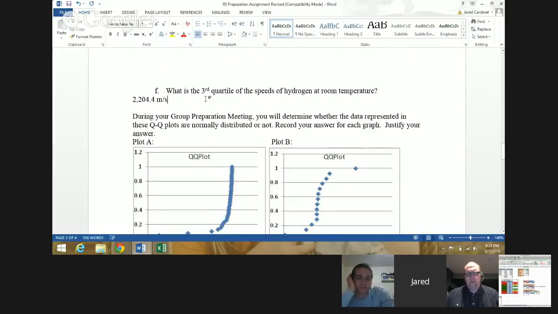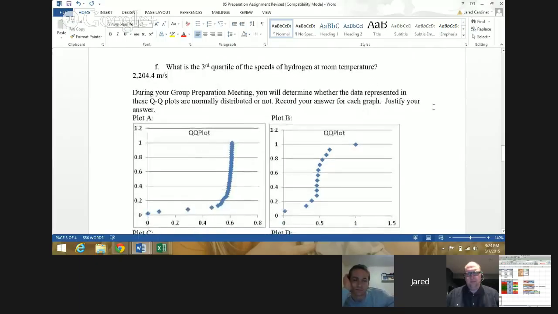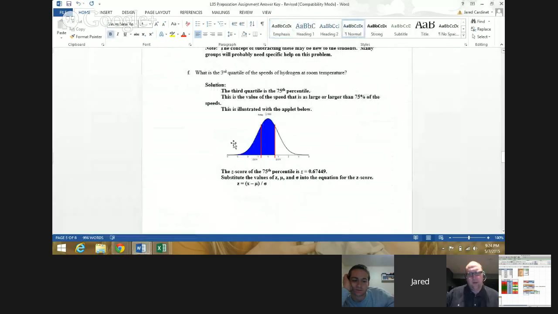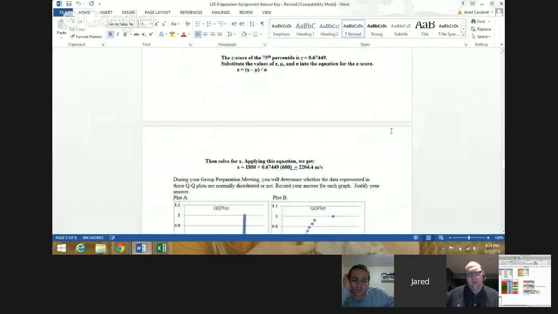Sorry, I built all this stuff earlier and figured it out. The equation that you're going to be using, if you look at my screen, is value equals the mean plus the z-score times the standard deviation.